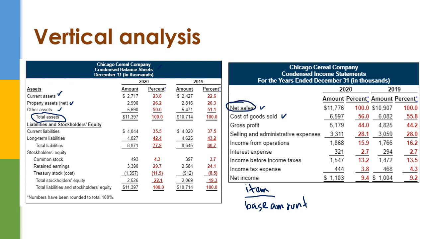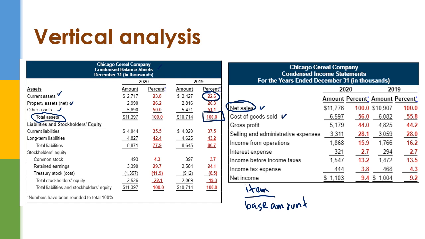For example, in the balance sheet, we might express the current assets here as 22.6% of the total assets. So the total assets is the base amount.